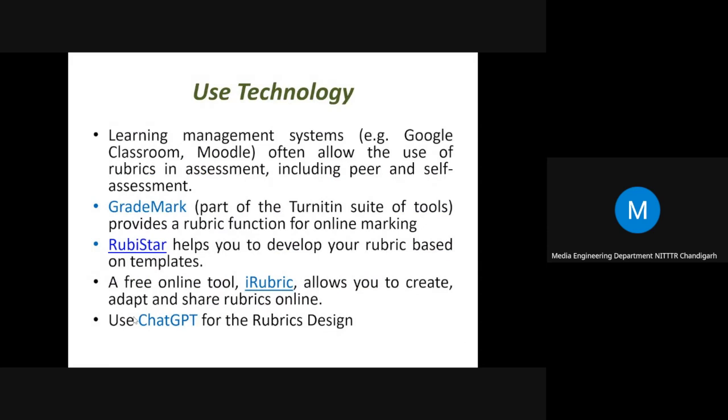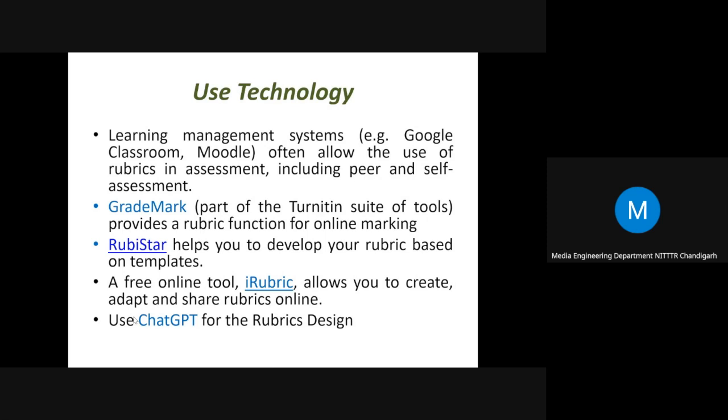There is a general query from the participants that if we are using an analytic rubric, it will be too time consuming. To save time while assessing, we can use technology, ICT tools. There are many free ICT tools, in addition to paid tools like RubiStar and iRubric.